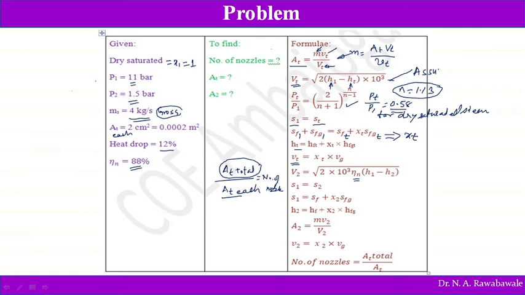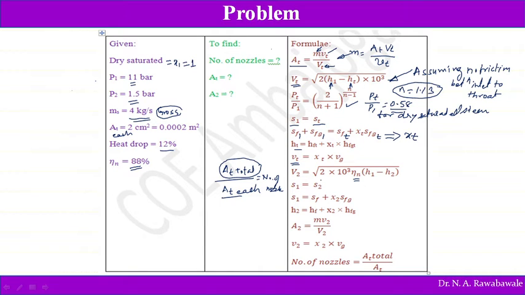Assuming no friction between inlet to throat. If we assume there is no friction between inlet and throat, then this will be the formula. If we consider that there is also friction, then we have to multiply it by nozzle efficiency.